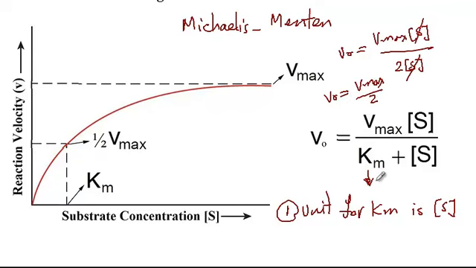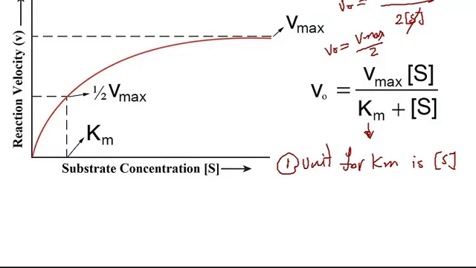So here, what I've just shown you is that Km is the substrate concentration at which the speed of the reaction is half of the Vmax. So here Km is the concentration at which our speed of the reaction is at half of Vmax. So that's the second important concept.